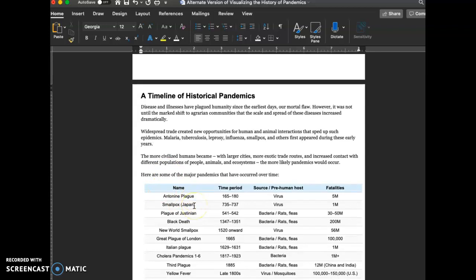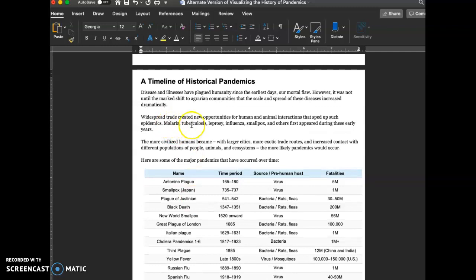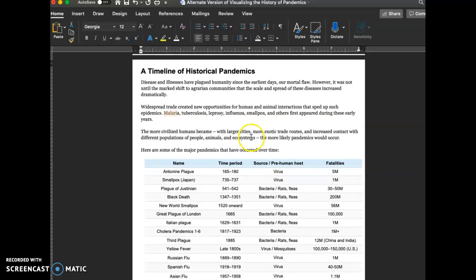Malaria, tuberculosis, leprosy, influenza, smallpox, and others first appeared during these early years. So as we started to trade more often, as countries became more established, they started to notice way more cases of these infections.